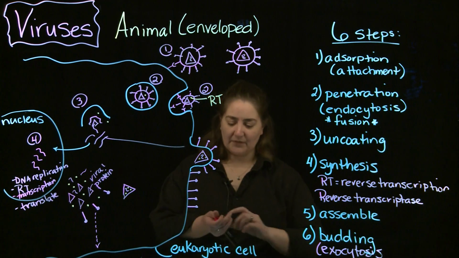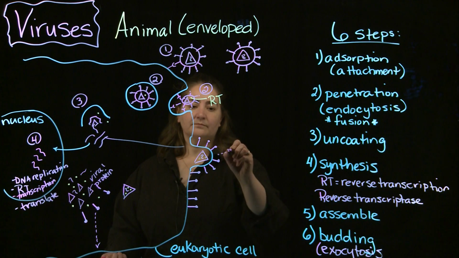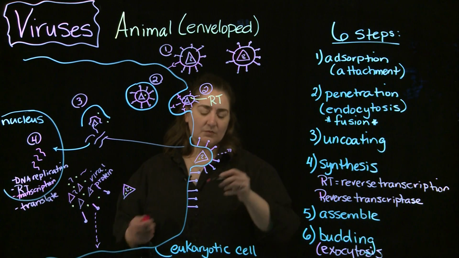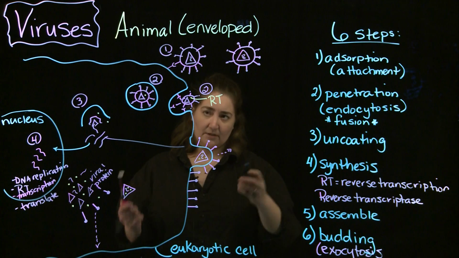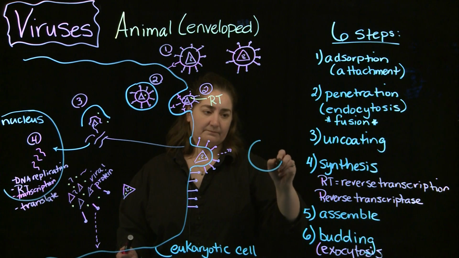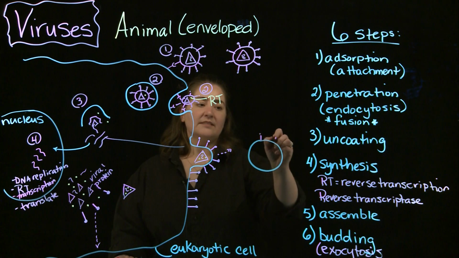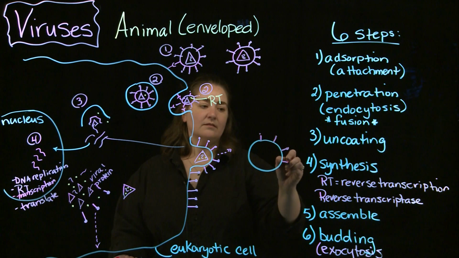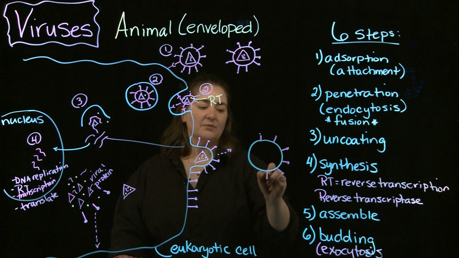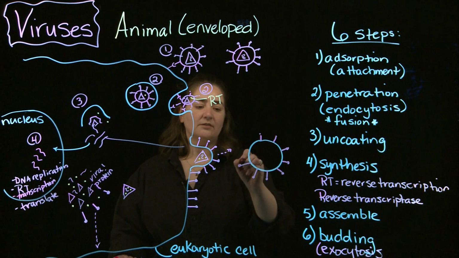And what's going to happen now is I'll draw it with a blue membrane here. New viral particle is now going to take part of that plasma membrane that's associated with that eukaryotic cell.